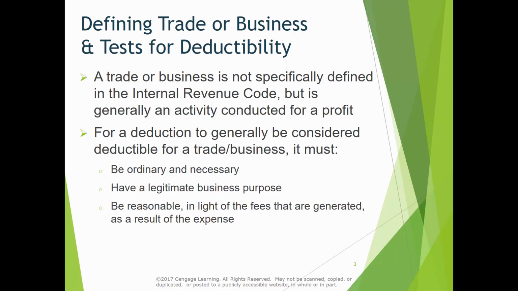And it's got to be reasonable in light of the fees generated. If I'm going to get a $700 commission from selling you a financial product, taking you out to a $2,500 extravaganza in Vegas doesn't make sense, does it? So that's what they're going to look at. How much did you spend on the expense versus what could you have generated in revenue from it? That's a pretty good linchpin.